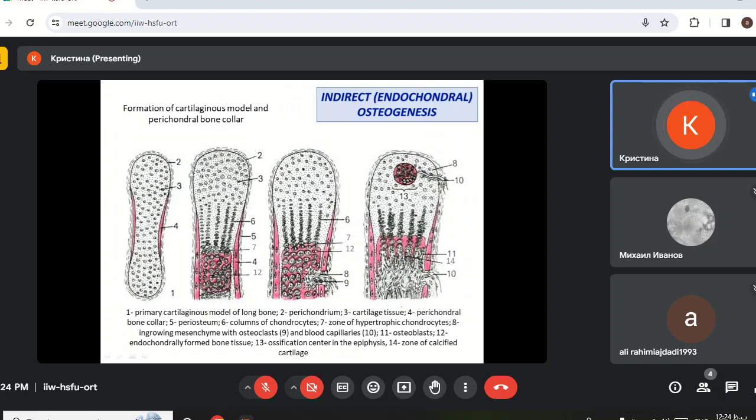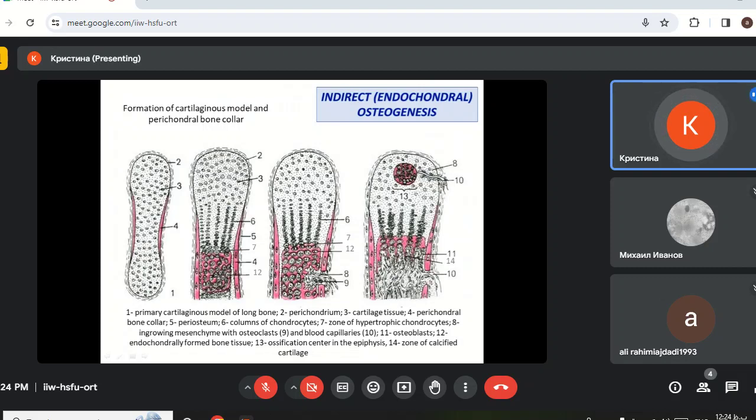It will be the future marrow cavity, bone marrow cavity. It is filled with blood vessels which grow here from outside, and the mesenchyme which goes along with blood vessels.